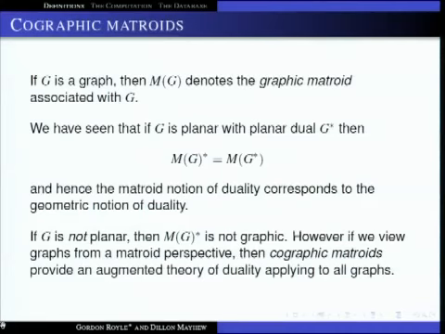And so maybe you might think this is good, because now we've got an extended concept of duality that applies to all graphs, as long as you're willing for your universe to expand to matroids, or at least graphic and co-graphic matroids. And this is a useful tool.